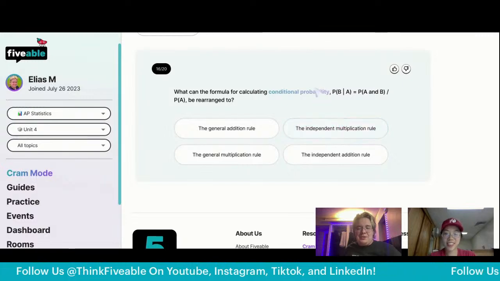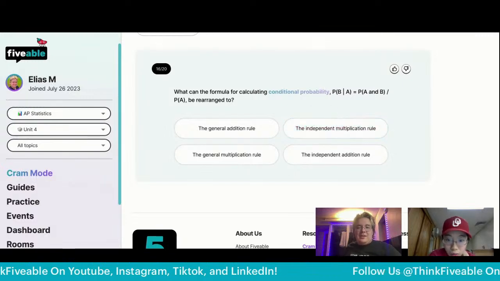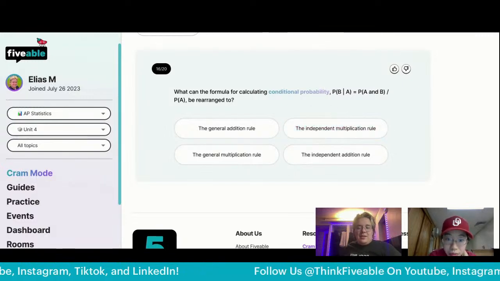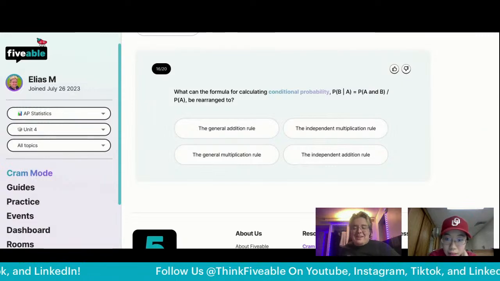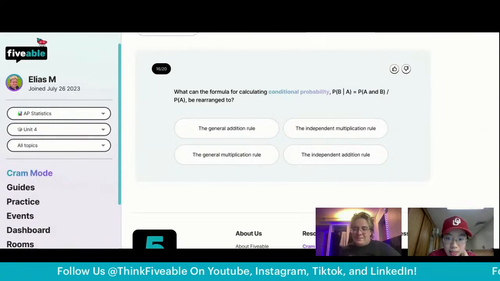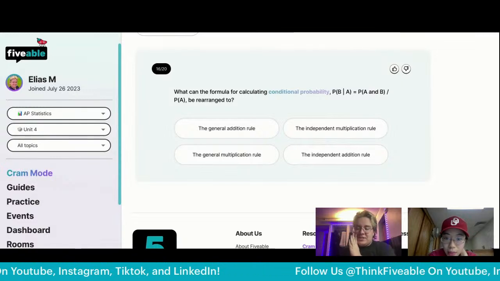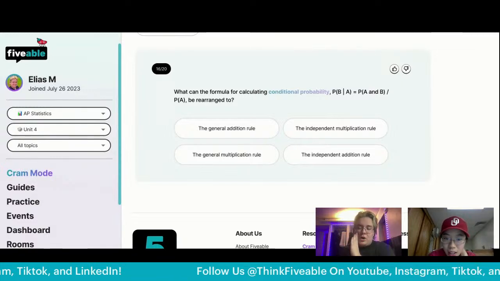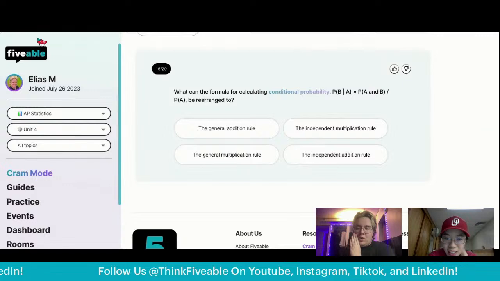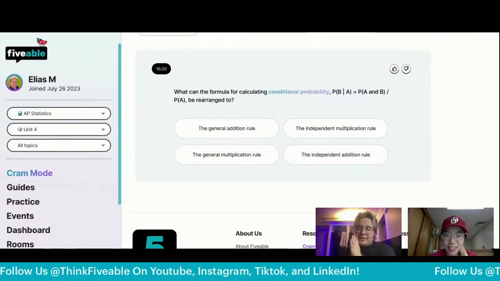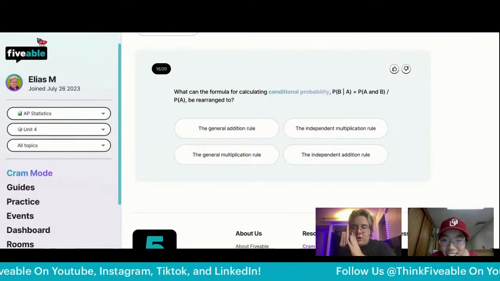Anyways, conditional probability. Rearranging. May I be honest for a moment? We didn't rearrange this formula. So I can either check Google or you can take this one for me. I'm looking at it.